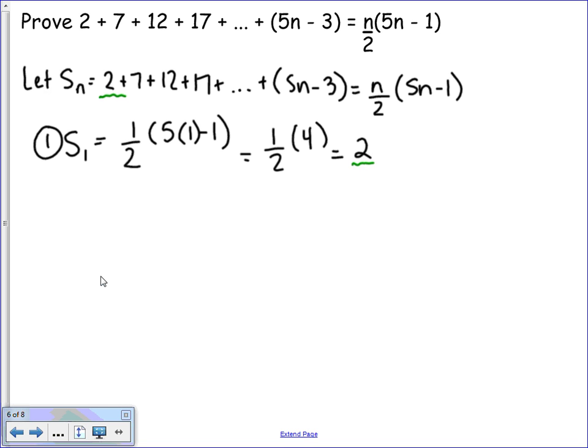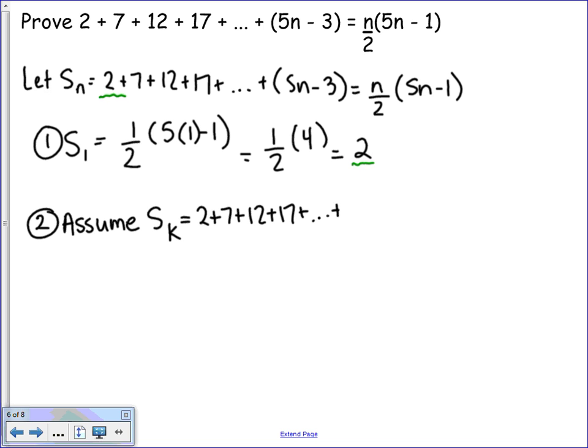Now we need to prove that second piece, that any k term implies the k plus 1 term. And so we'll make that very first statement, the assume and what we want to show. So we know where to start our proof and where our proof is supposed to go. So we're going to say for step 2, assume S sub k is equal to 2 plus 7 plus 12 plus 17 plus 5n minus 3.